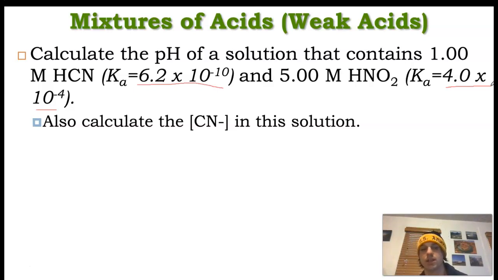Also in this question, it says calculate the CN ion, cyanide ion concentration. So I'm going to do two things. First, I'm going to determine the hydrogen ion concentration of my weak acid, the stronger of my two weak acids. And then I'm going to apply that to the weaker of the two acids.